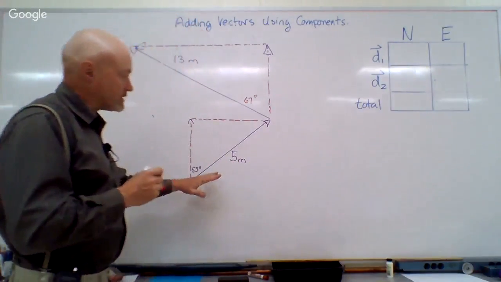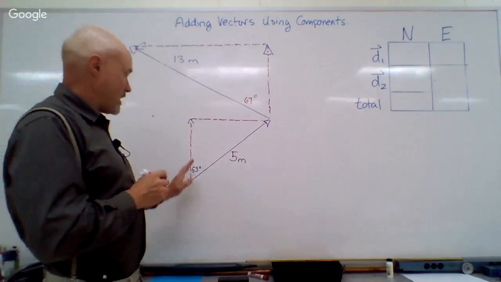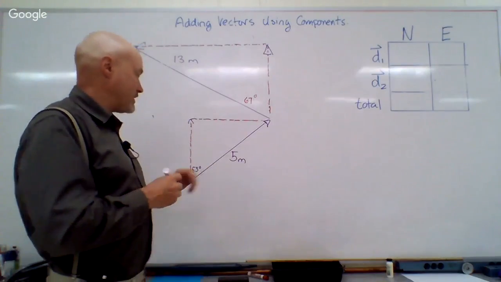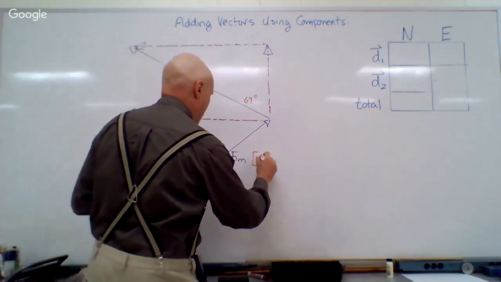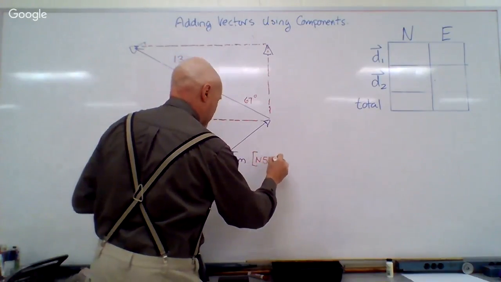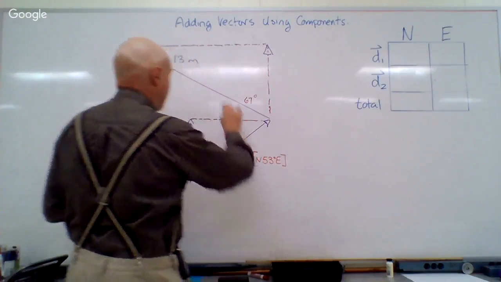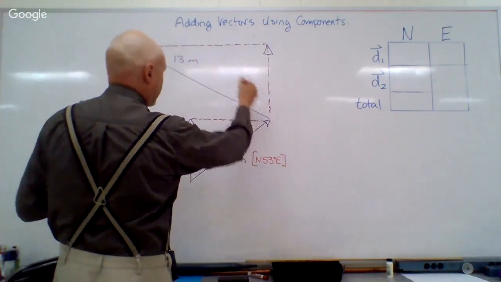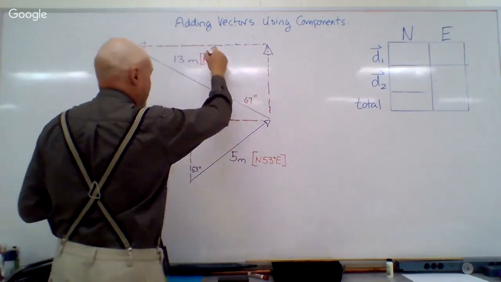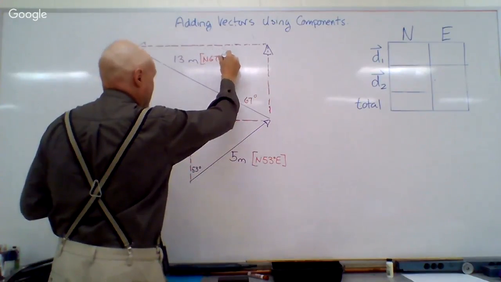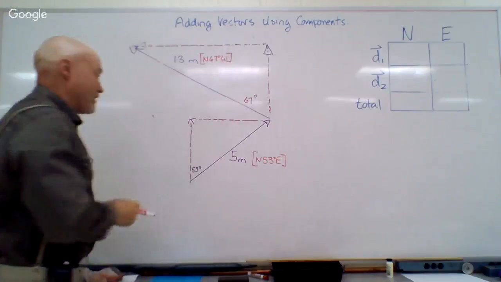I've put together this example. This person walks 5 meters north, 53 degrees to the east. And then they walk 13 meters facing north and rotating 67 degrees to the west.